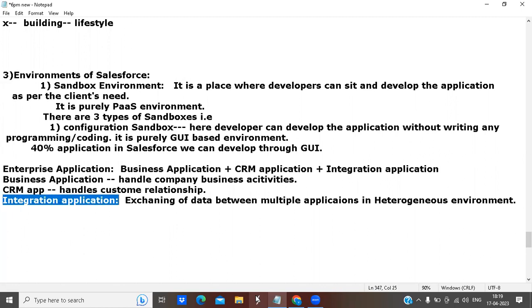That is called what here, guys? Integration.